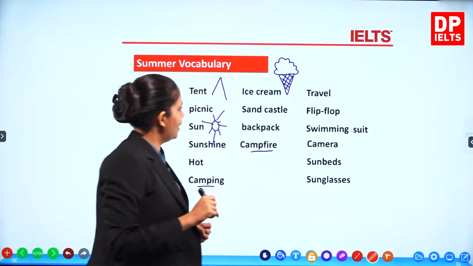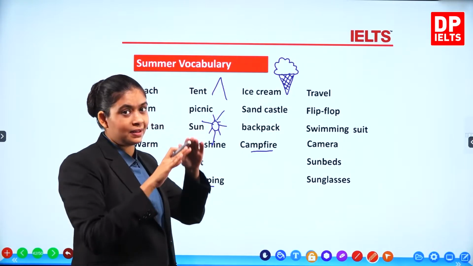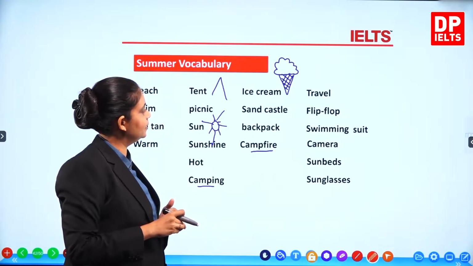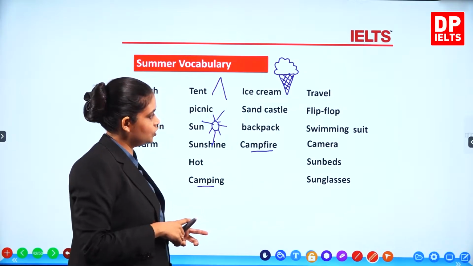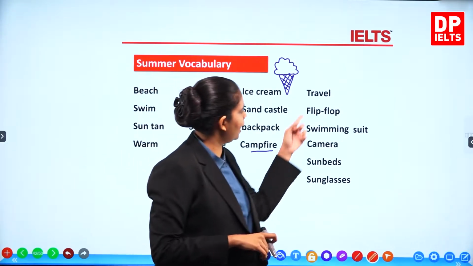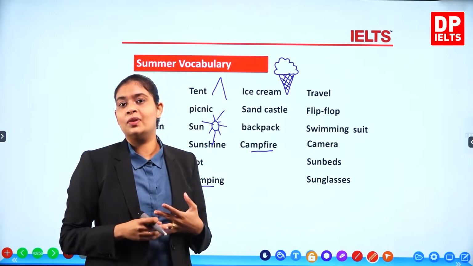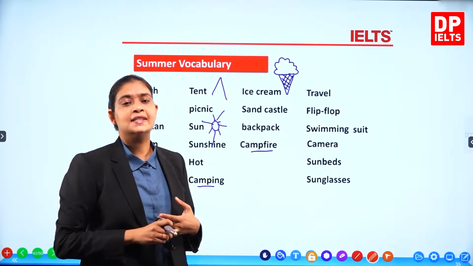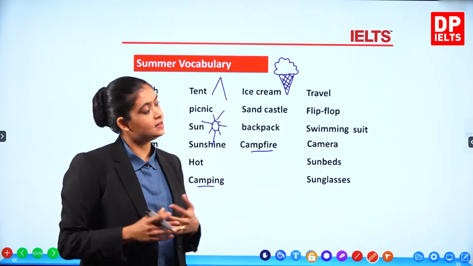And then you have the sandcastle, which when you go to the beach, you can build a nice sandcastle. Backpack is a little bag that you take on your shoulder. And then you have travel, which is a verb that a lot of people like to actually do during the season of summer because it's hot and it's nice and you can go and see places.